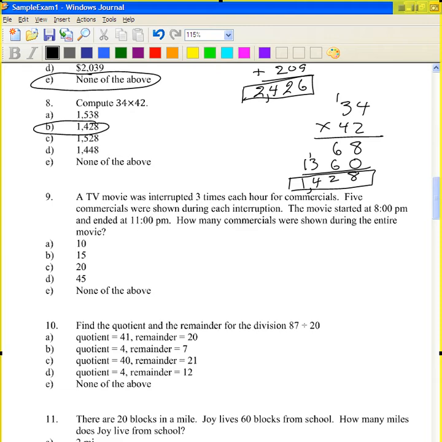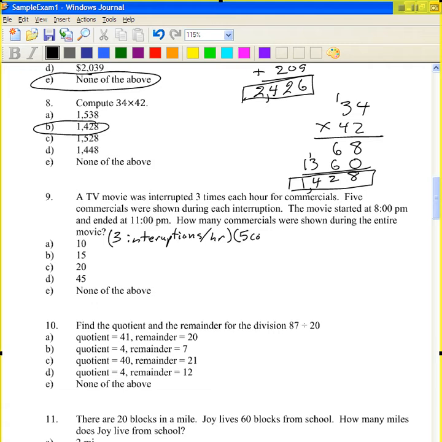Let me do problem number 9. And so a TV movie is interrupted 3 times each hour for commercials. So 3 interruptions, 3 interruptions per hour. 5 commercials were shown during each interruption.